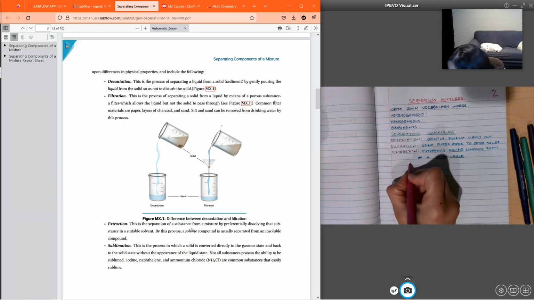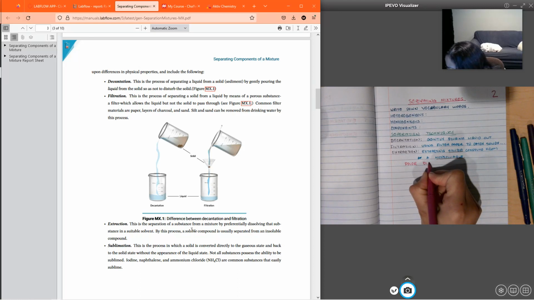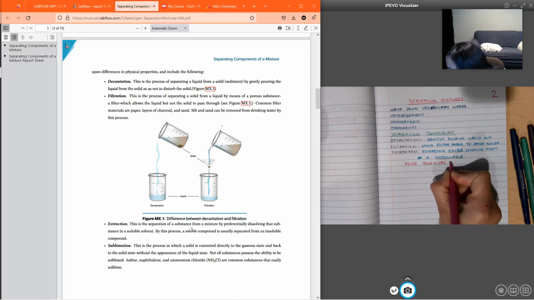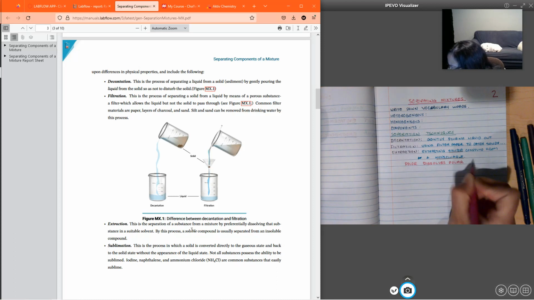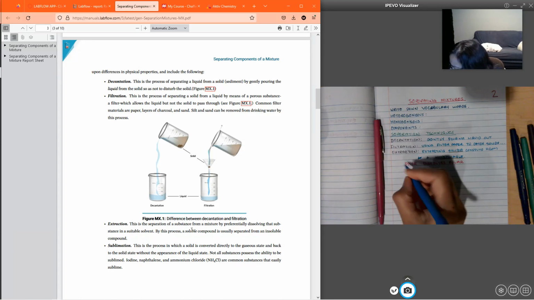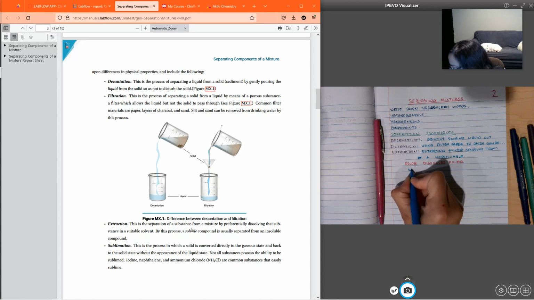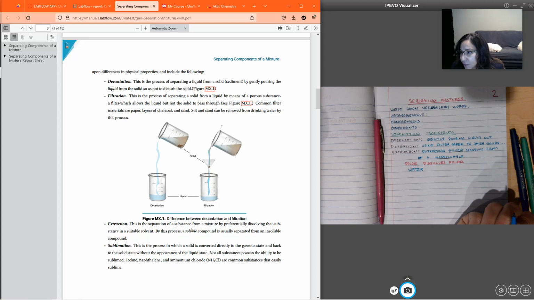So for example, like I said, actually let's write it down. Polar dissolves polar. And you're like, what in the world is she talking about? Okay, well, you have something like water, which is a polar molecule, right? And water dissolves practically anything.